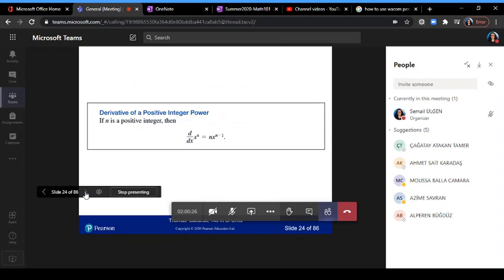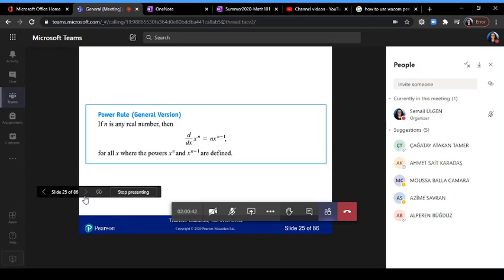So this is true. If you have a positive integer power, whenever n is a positive integer, then the derivative is n times x to the n minus 1. We can prove it if you want to, but I'm not going to do that. There's a power rule.